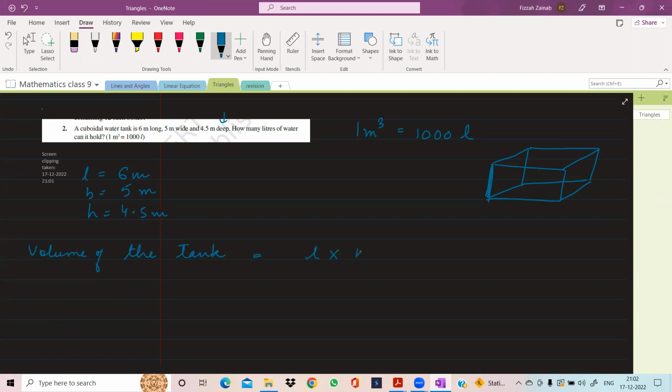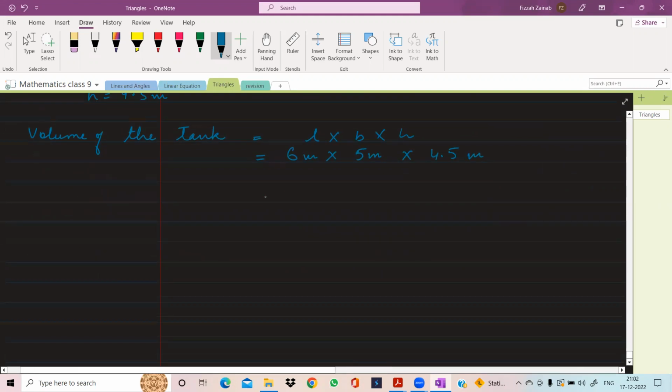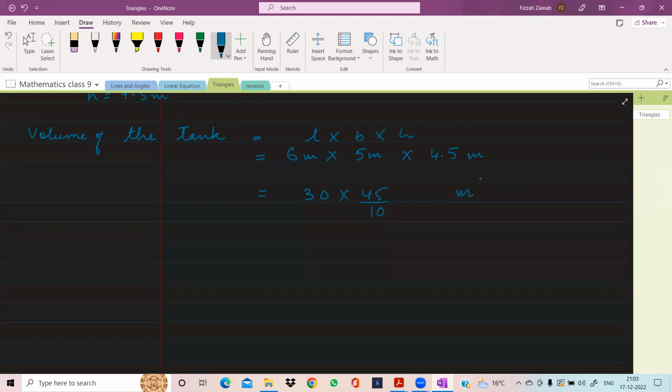So this is length into breadth into height. 6 meter into 5 meter into 4.5 meter. So this is 6 into 5 is 30 and this becomes 45 divided by 10 meter cube.